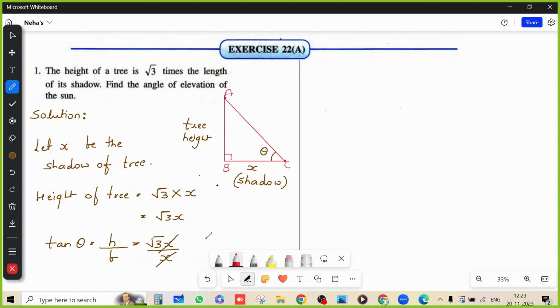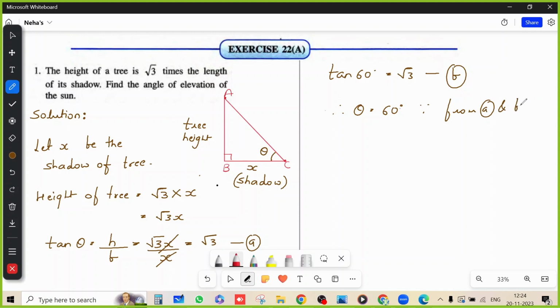So x and x will get cancelled out and we have got √3 as the value of tan theta. Now we know that tan 60 degree is equal to √3. Therefore theta is equal to 60 degree. So hence we have found out the value of angle of elevation of the sun.